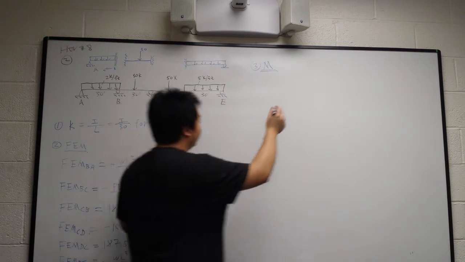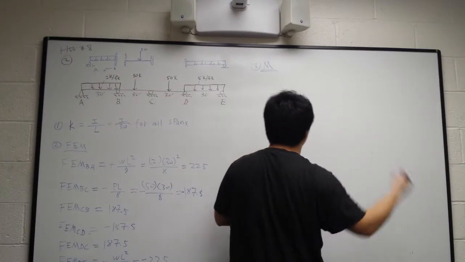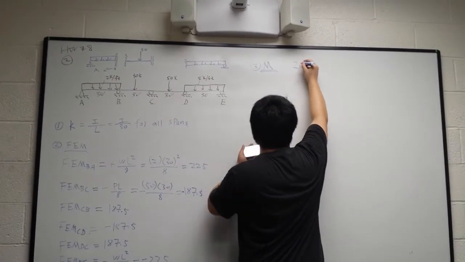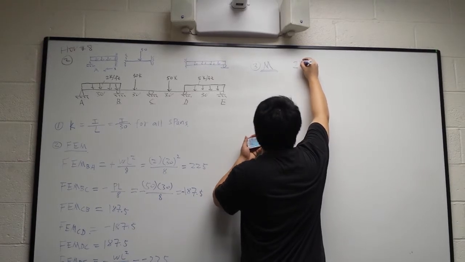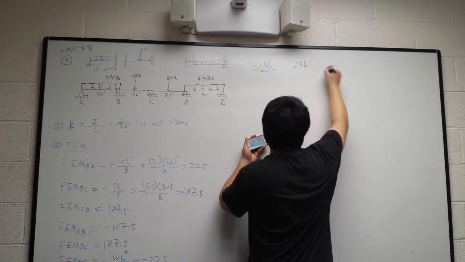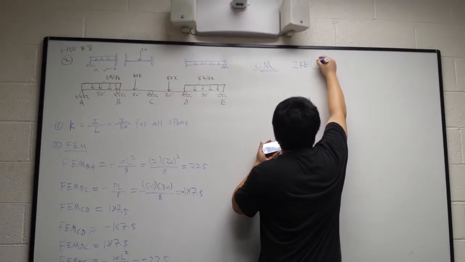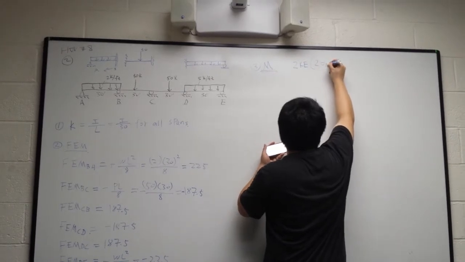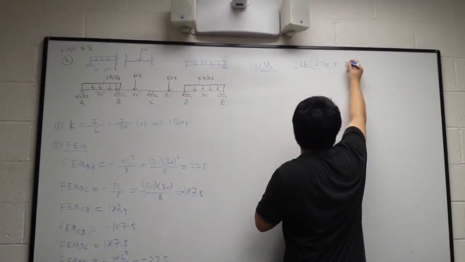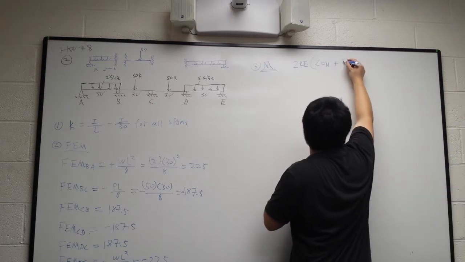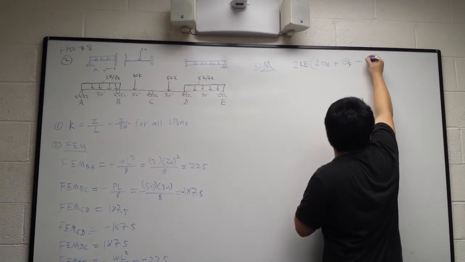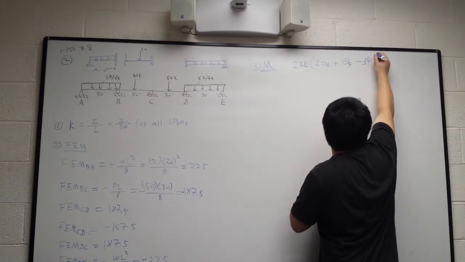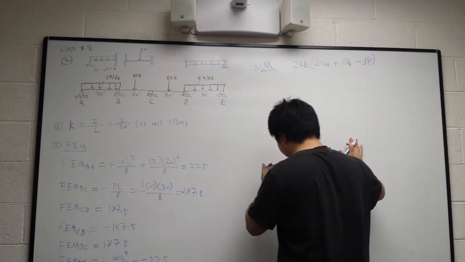There's only 2 equations. The first one is 2KE times 2 times near delta plus far end, minus 3 angle something.